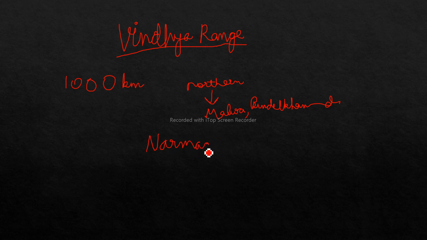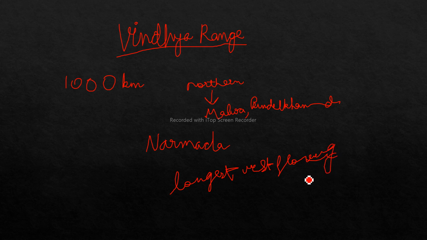So Narmada is the river that originates from the Vindhya range, and this is the longest west flowing river.